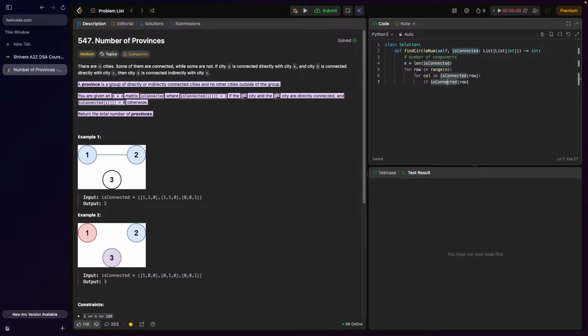For row in range n, and for column in range n, if the cell at that row and column is equal to 1, then do DFS and mark the things as visited, where you have your row and column.